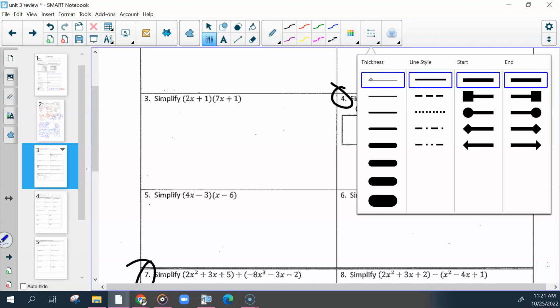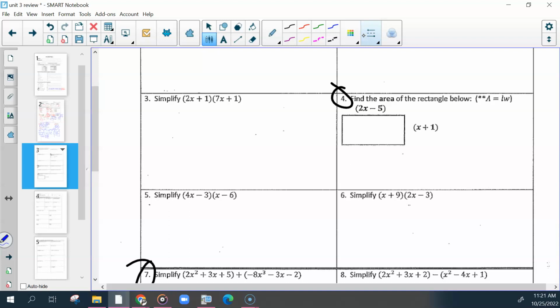Okay, starting with number 4. If we're trying to find area, we have to multiply what's given together. So you can do any of these methods: box method, FOIL, rewriting and distributing, any of those. Sure, let's do box method.